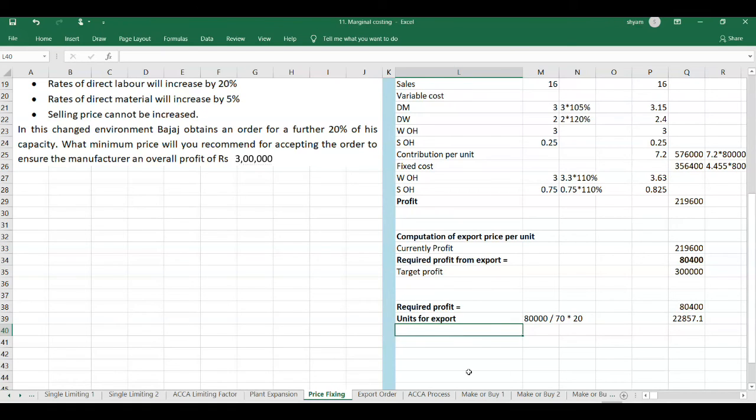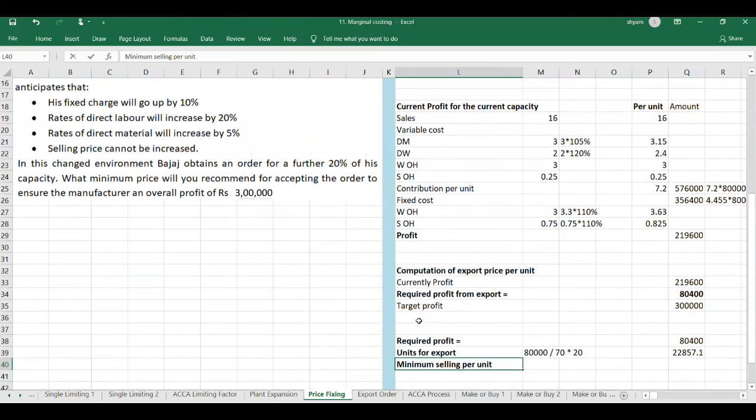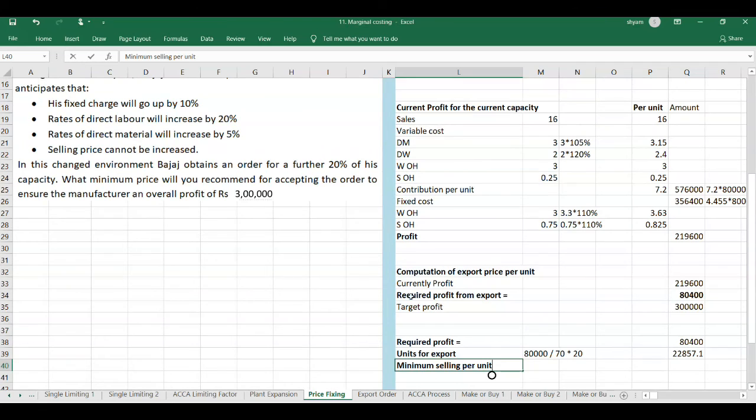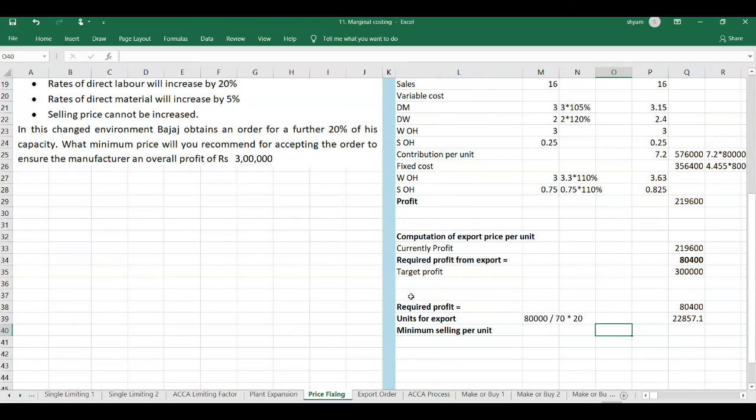Let's see what can be the selling price. Can this be the selling price? The minimum selling price per unit can be this amount divided by this amount, and it comes to 3.57.